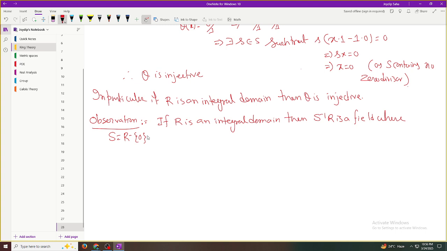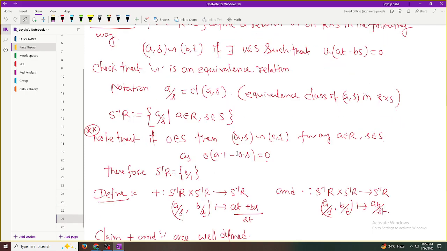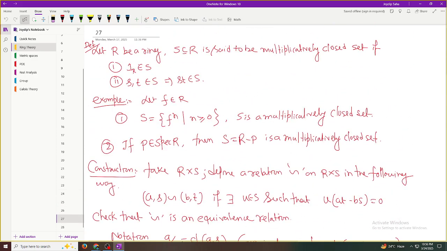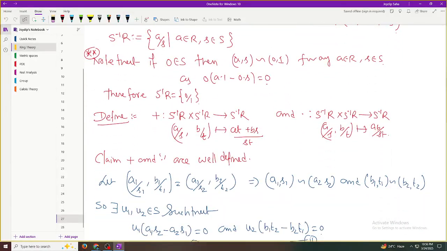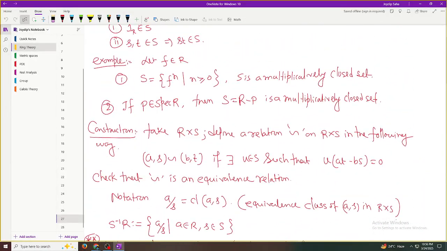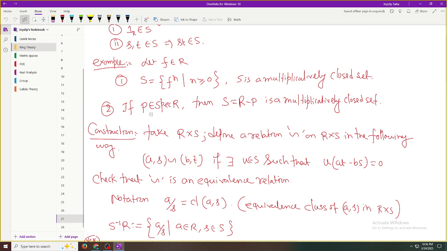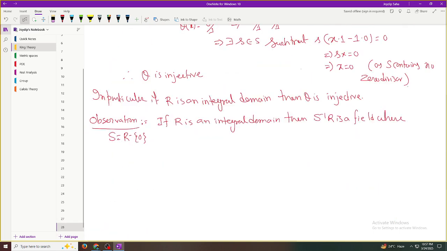Now if P is a prime ideal, then R minus P is a multiplicatively closed set. This is our example number 2: if P belongs to Spec R, then R minus P is a multiplicatively closed set. Now I am taking this multiplicatively closed set S equal to R minus 0. Then S inverse R is a field.